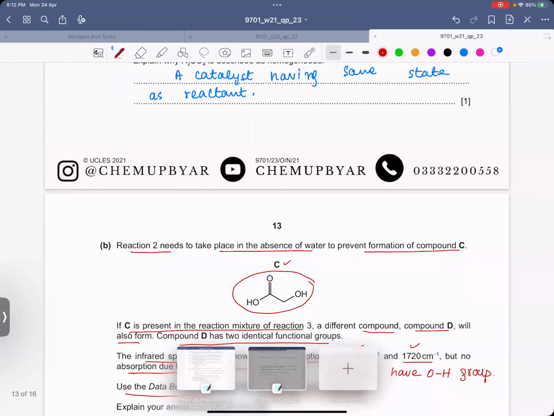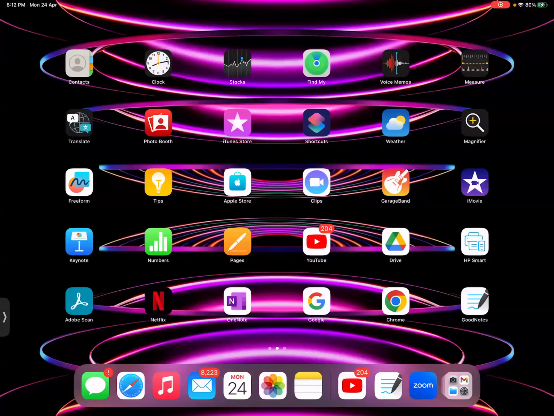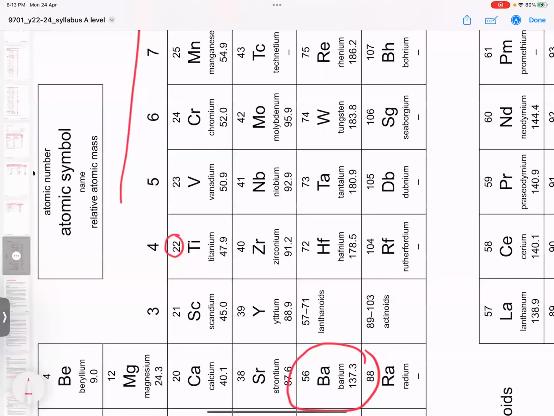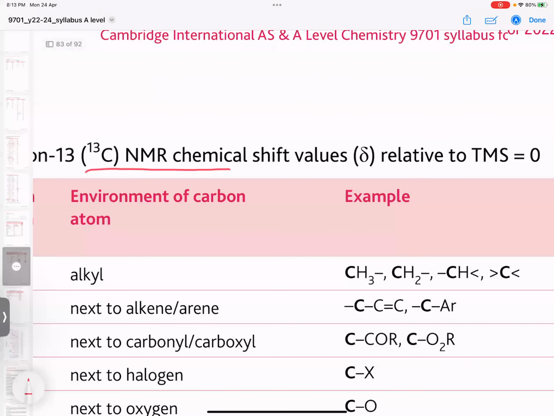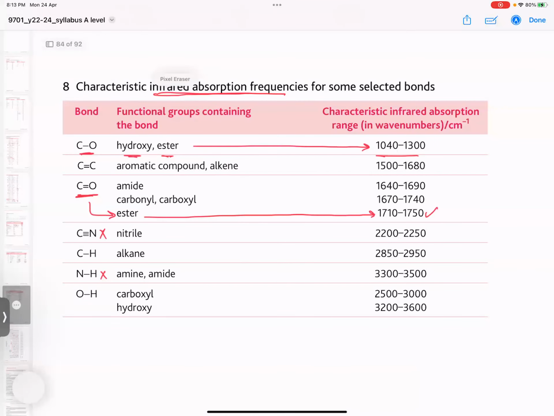Now, what else do we have to do? We just have to look at the data booklet and figure out these values. Here we have the infrared values.